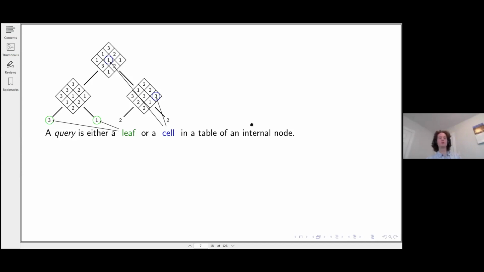So a branching program is a directed graph where the nodes in the graph are called states. And each state is labeled by one of these queries, and the edges are labeled according to what the possible answers to that query might be.